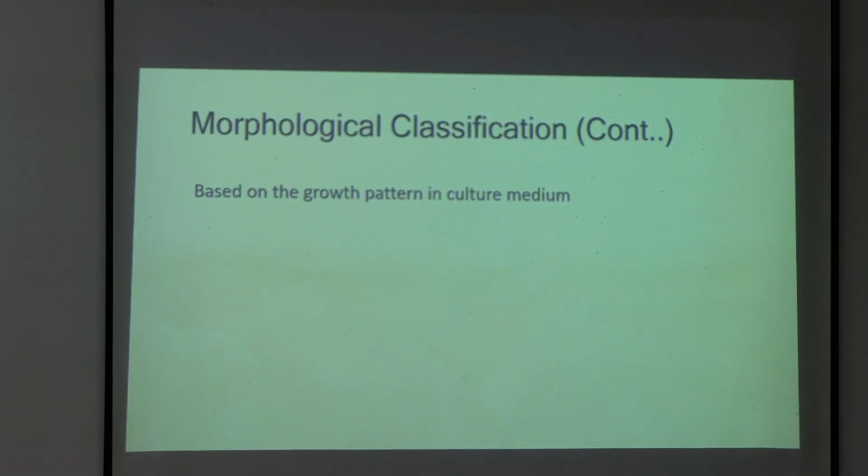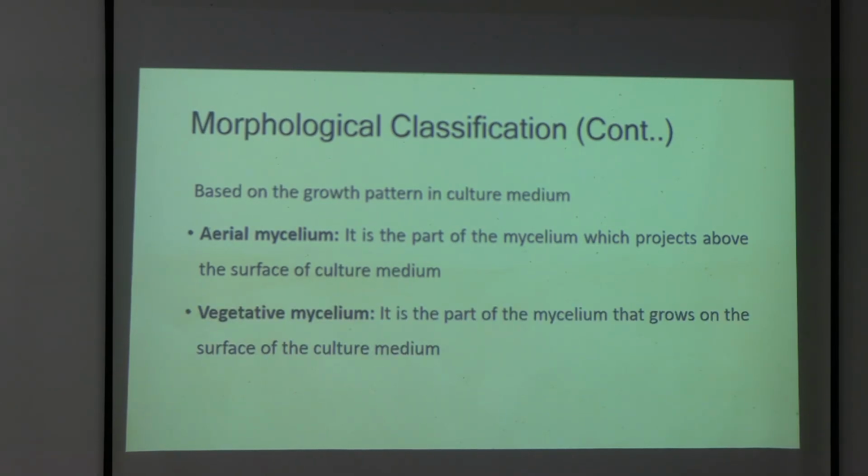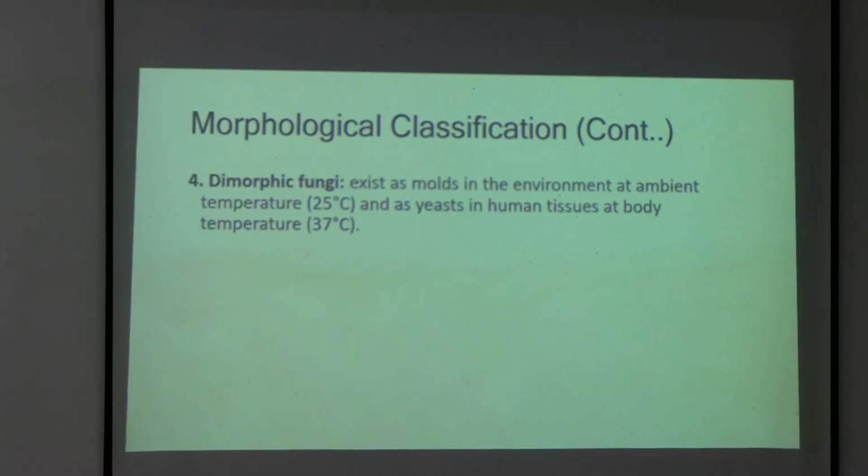Another classification we can do is based on the growth pattern in the culture medium. It can be aerial mycelium, which projects above the surface of the culture media. And next is vegetative mycelium, which grows on the surface of the culture media.